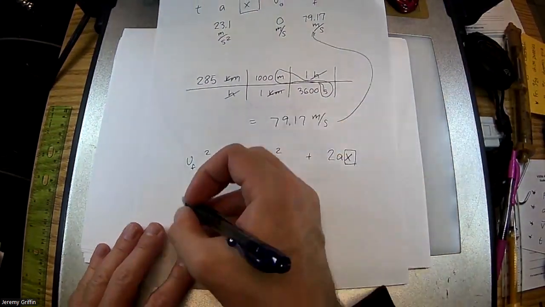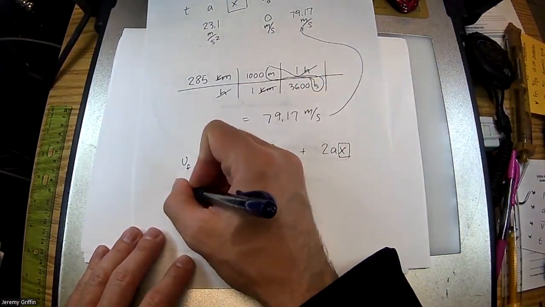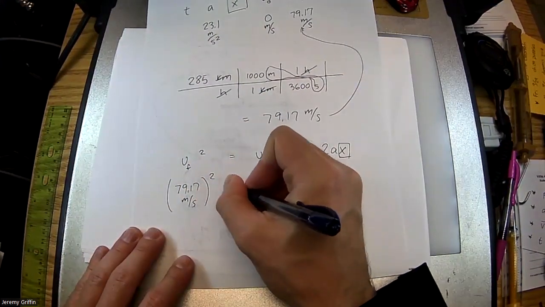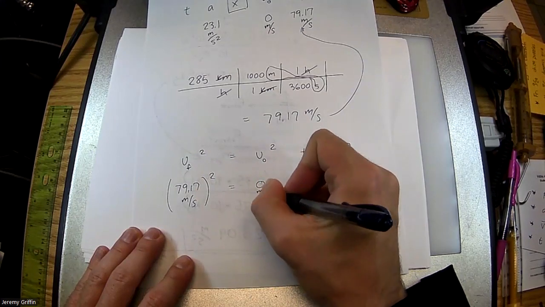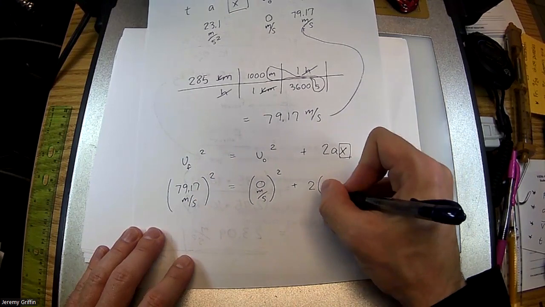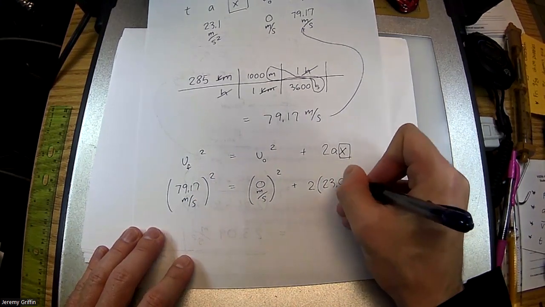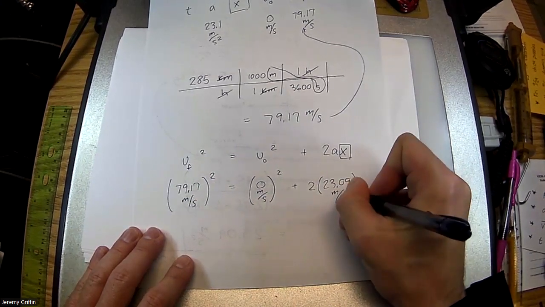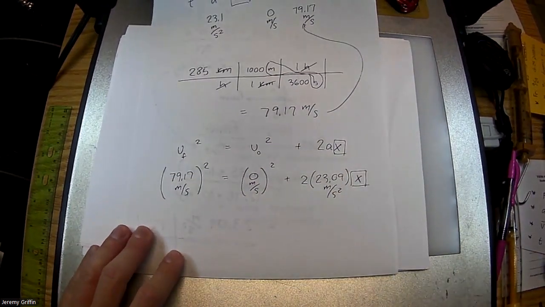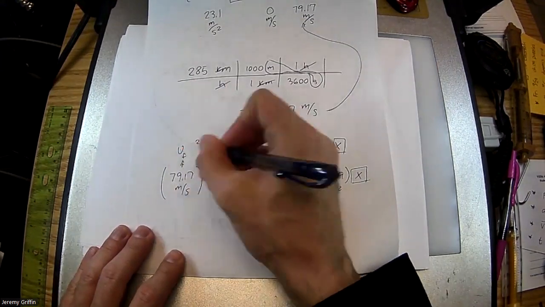We know we're getting up to 79 point something meters per second, so square that. It's going from 0, from rest, so that goes away anyway. Plus 2 times, and we're getting there at 23.09 meters per second squared, and then x. I guess you have that all decent right there.